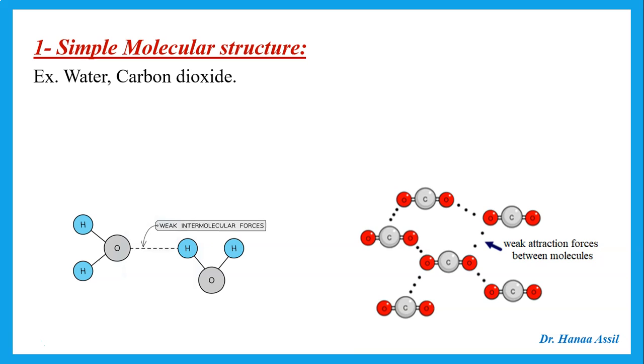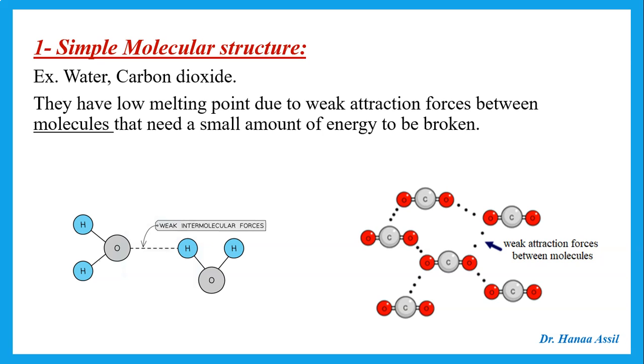So if we have molecules like the molecules of water or molecules of carbon dioxide, these have weak attraction forces between the molecules, and as a result of that, simple molecular structures always have a low melting point.